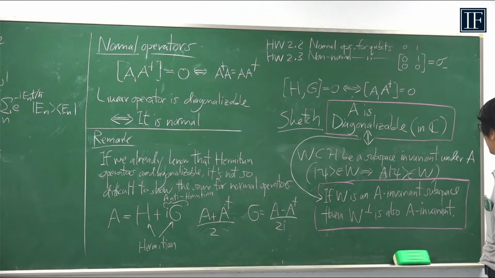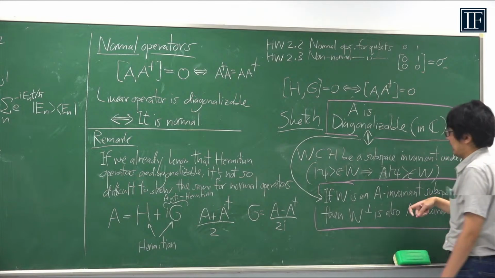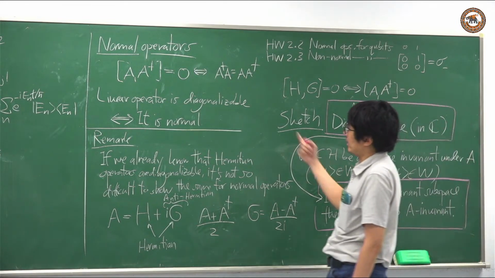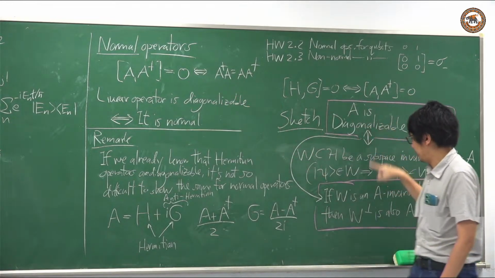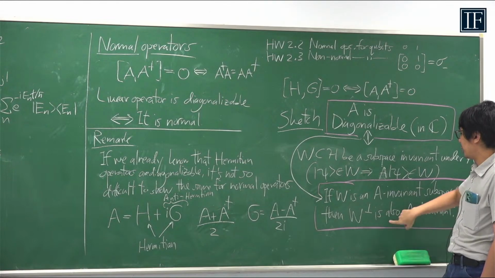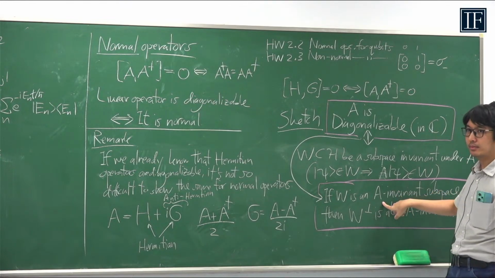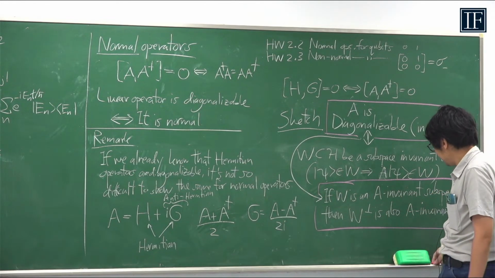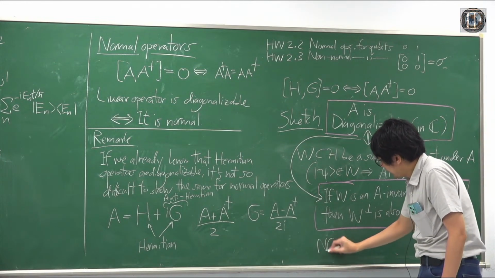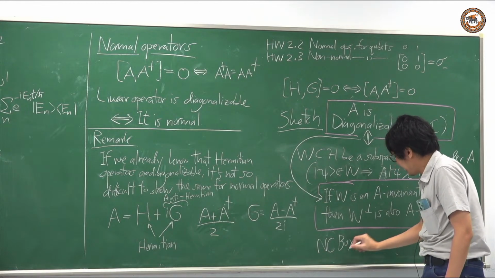But the upshot is these two are the same, and so one way to directly show that a normal operator is diagonalizable is to show that this is true. And I think this is the way that Nielsen and Chuang do it.